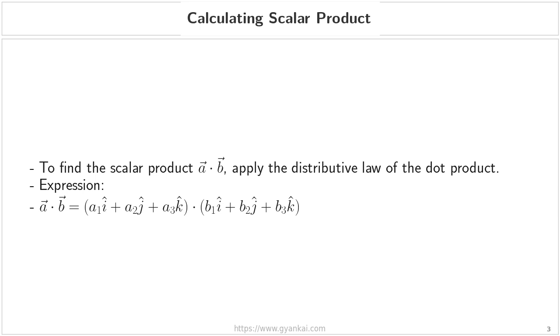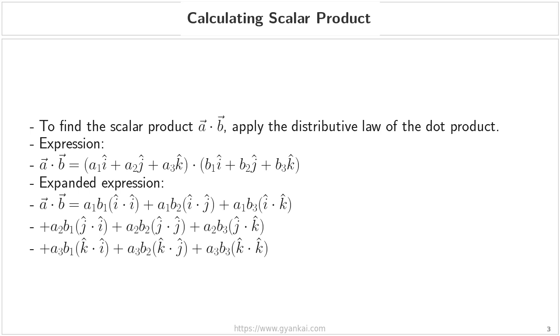Now, to see how the formula is derived, we need to expand this expression. This involves multiplying every component of the first vector by every component of the second vector. First, we take the i component of vector A and distribute it, giving us a1b1 i·i plus a1b2 i·j plus a1b3 i·k.